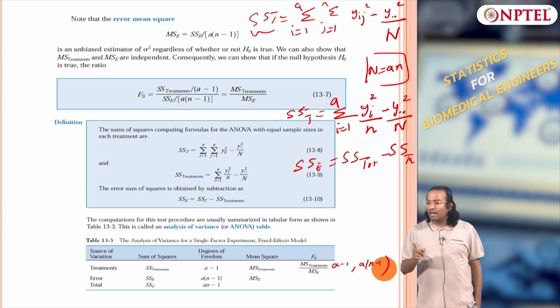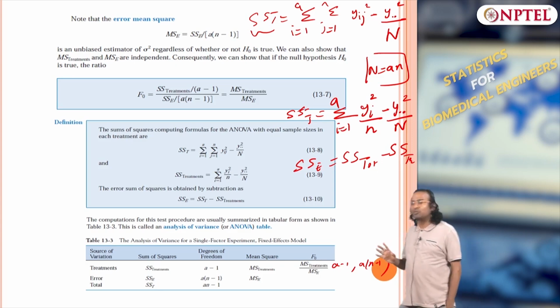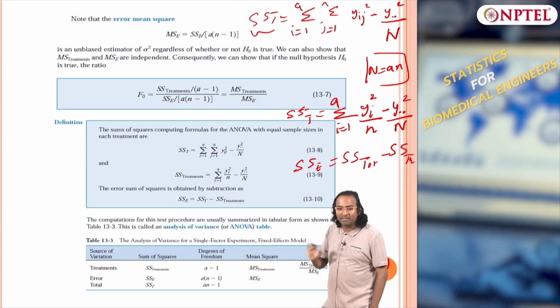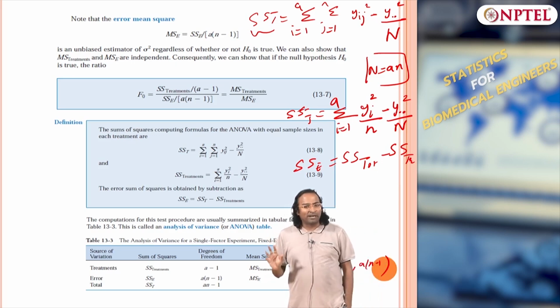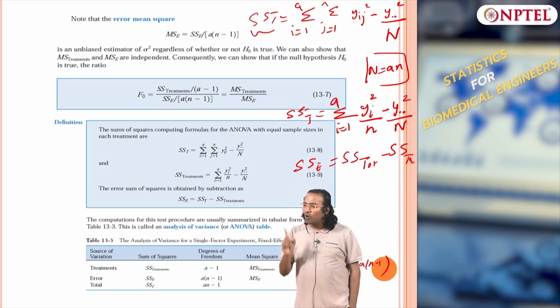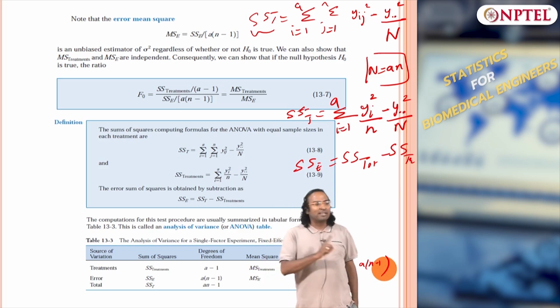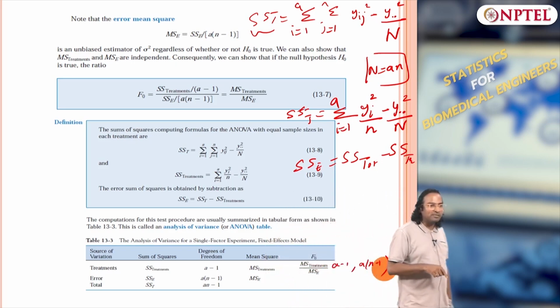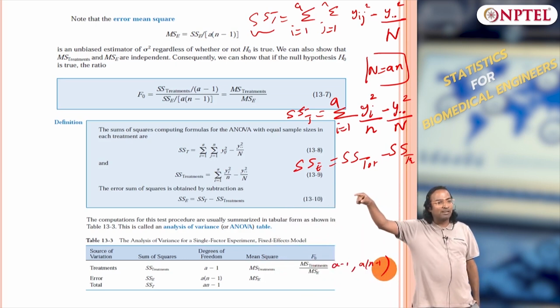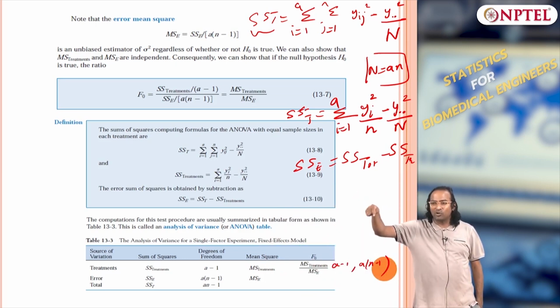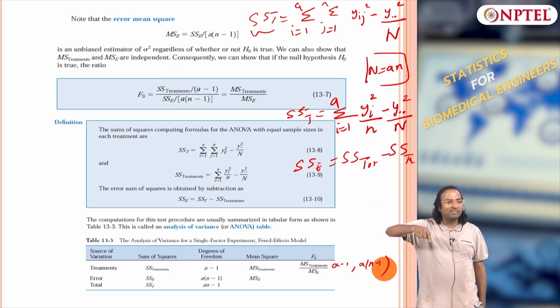Okay. You could have done everything from the data up to the sum square treatment and mean square treatment calculation, but beyond that, if you want to test the hypothesis, that is where expectation comes into the picture, because I need to know the final theoretical value of the expectation of mean square treatment, so that I can take a ratio and say my F test is valid.